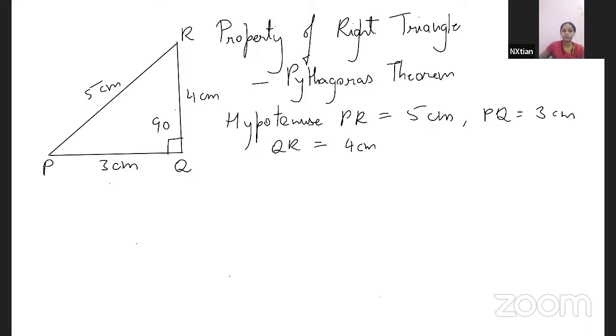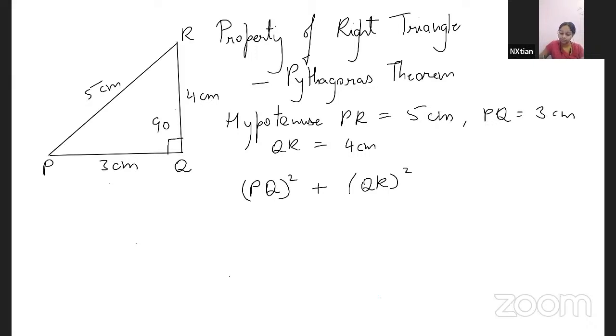We will do PQ square plus square of QR. What is PQ?